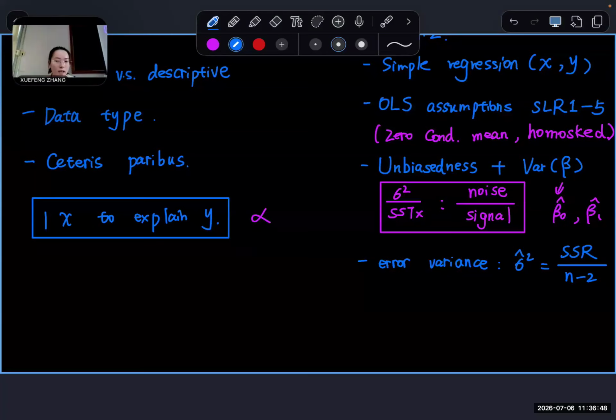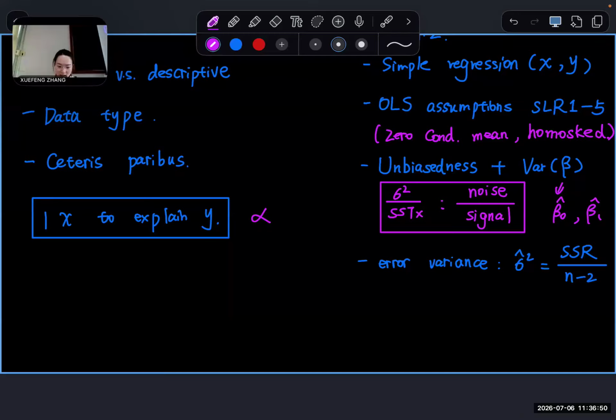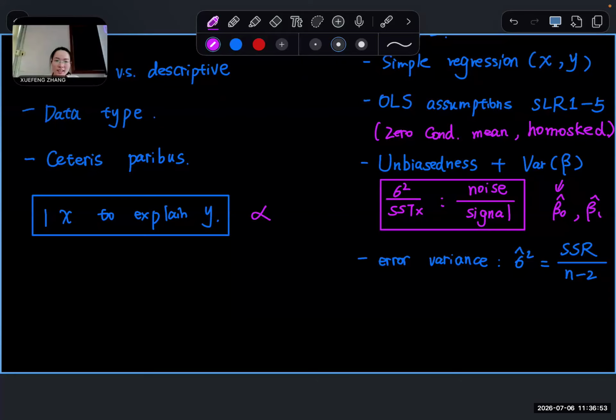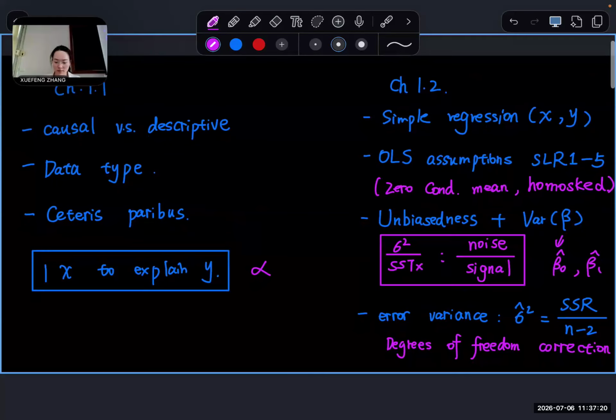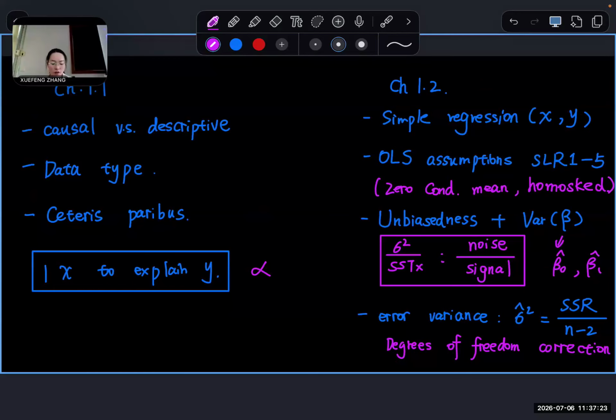Okay, we divide it by n minus 2 because we need degrees of freedom correction. Okay, this is what we've learned so far.